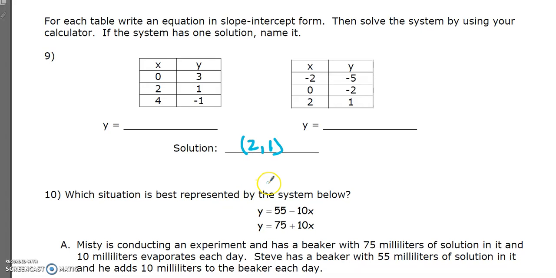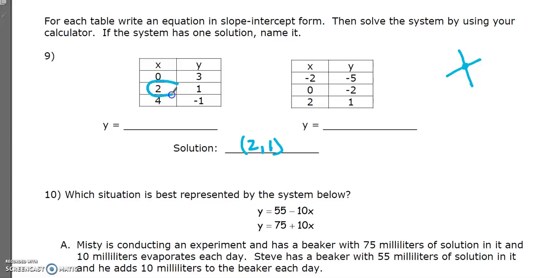And so let me just point something out to you guys. You know, we know the solution is where the two lines are intersecting, right? And we've talked about many times how that means that's where they're equal to each other. Well, did you notice that in our first table and in our second table, we actually had a pair of coordinates that were the very same?